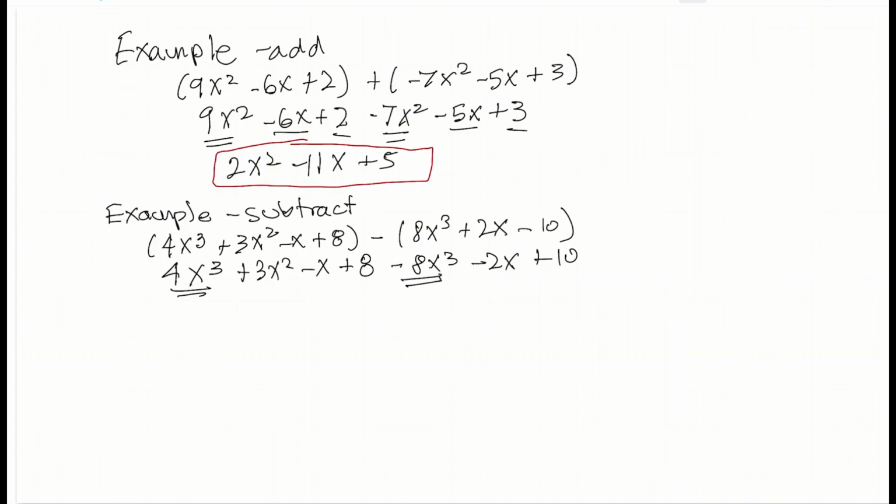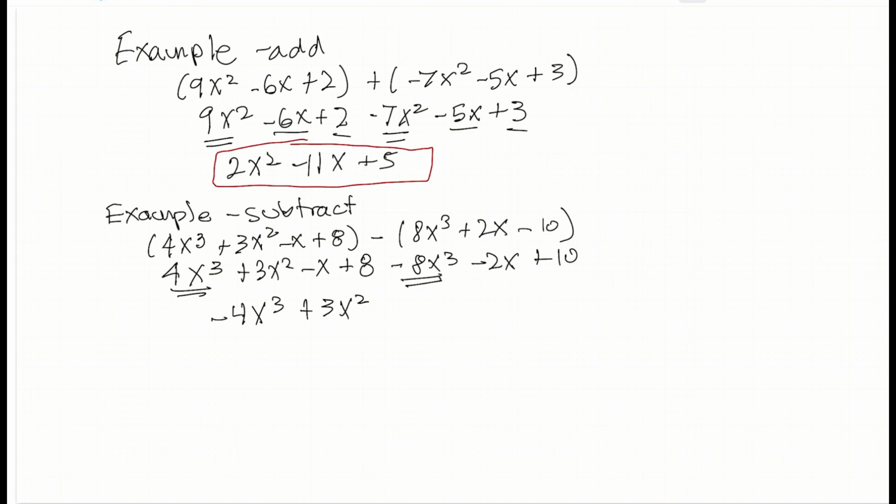So let's see, we've got 4 minus 8, so that's going to be minus 4x cubed. On the squared term, we don't really have any other squared terms in the second polynomial, so it's just plus 3x squared. Now our x terms, we've got minus x minus 2x.